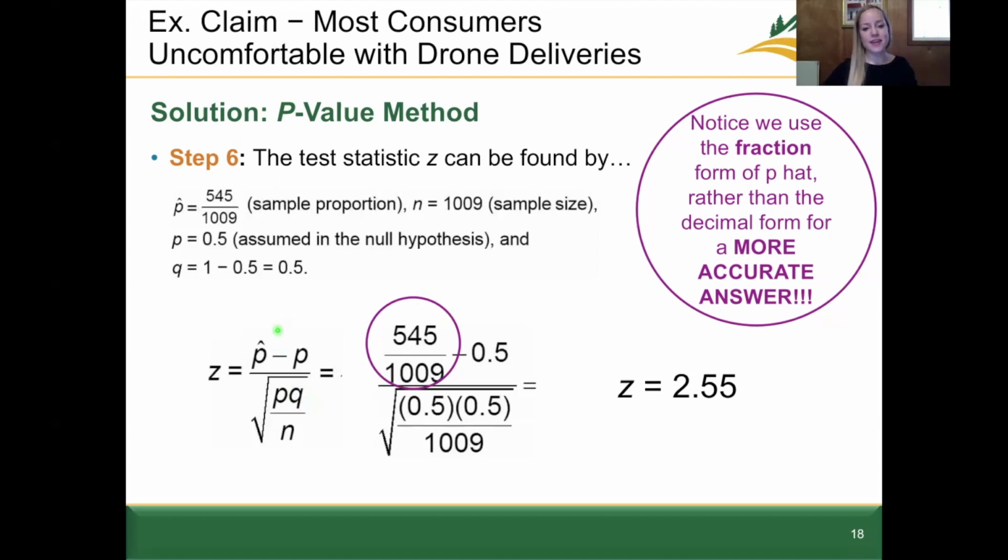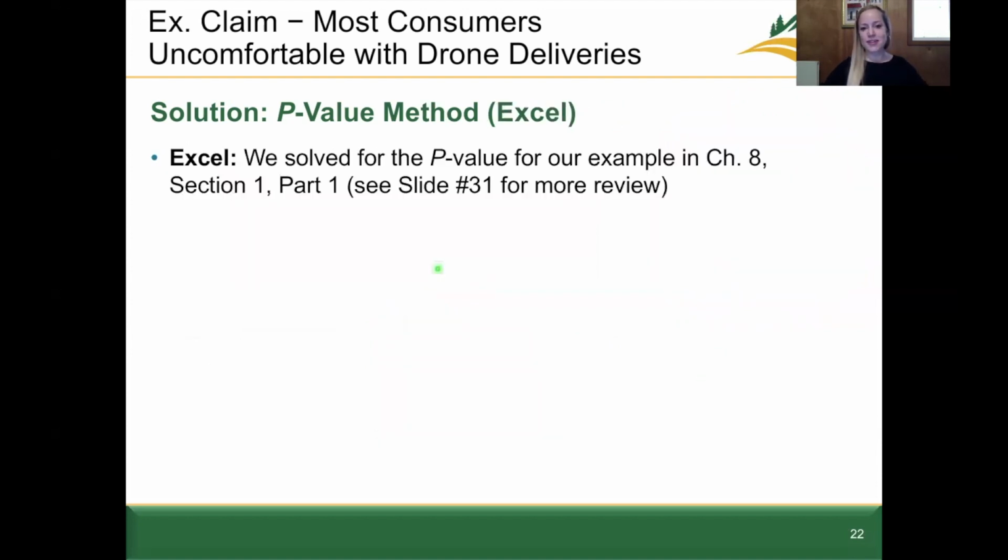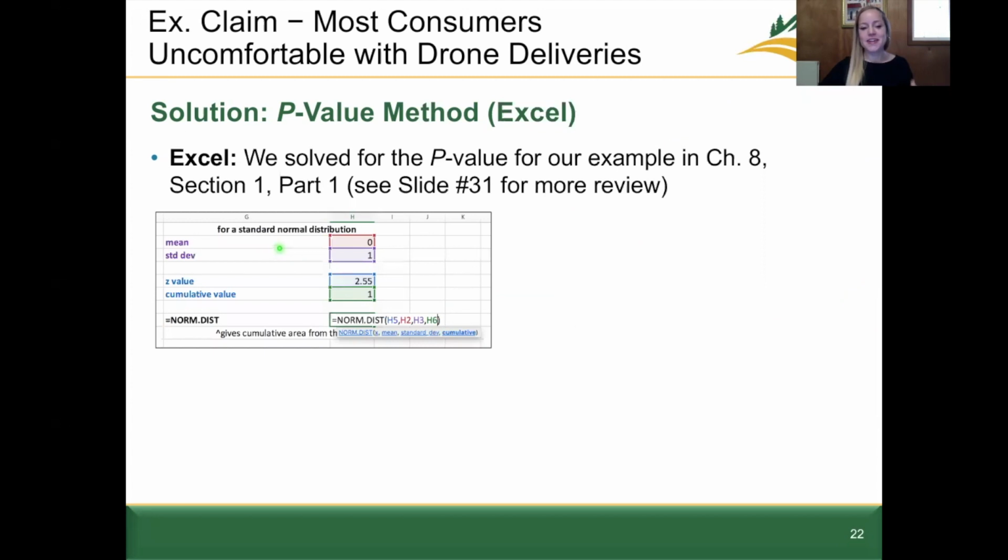Now, in both Excel and with your calculator, always remember to use parentheses in the correct place. Okay, so either calculating this with Excel or with a calculator, we still move forward with a z-value of 2.55. Now, coming back to this slide, I'll show you how I solve for my p-value using Excel. The key point here in solving for a p-value with Excel is to remember that we're really approximating this as a standard normal distribution where the mean is 0 and the standard deviation is 1.